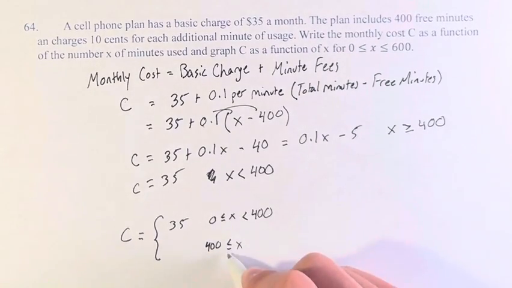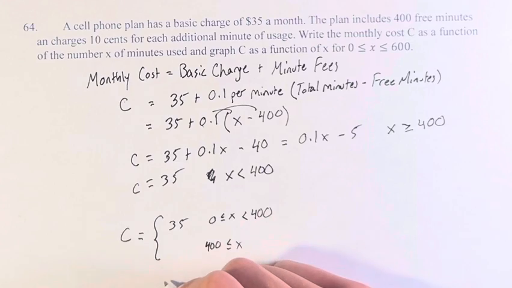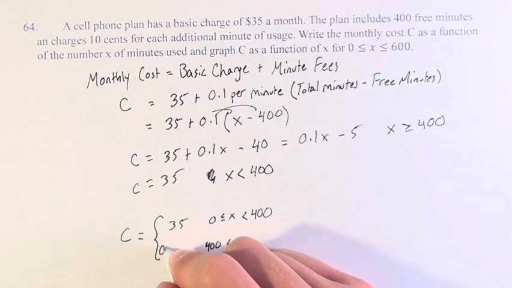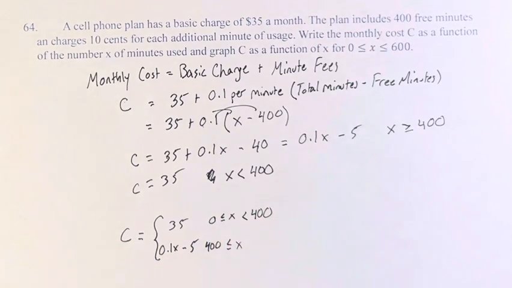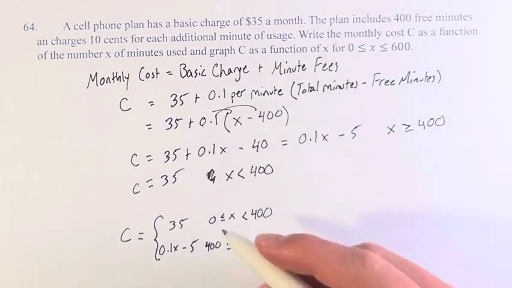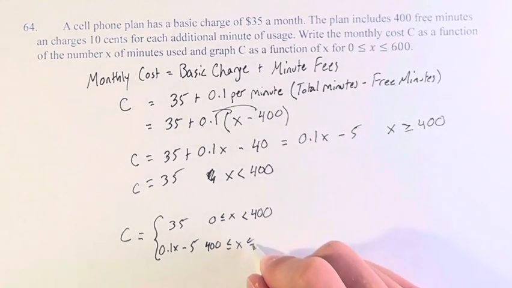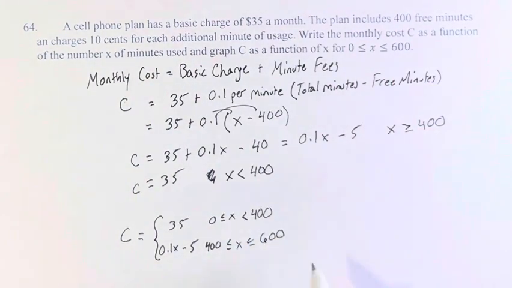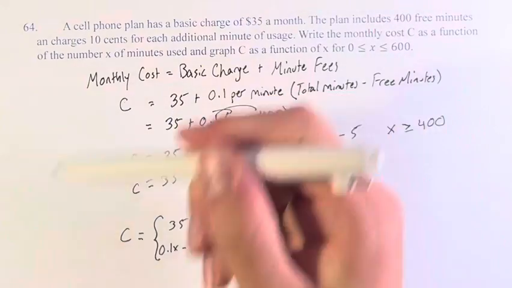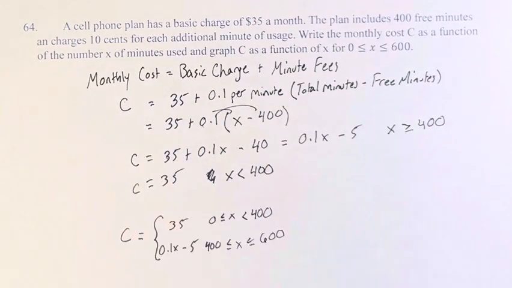We can't have this be equal and this be equal, so you just have to pick one. So this is equal to 0.1x minus 5. And this is your function. Go up to 600 because that's the domain we're looking at. This is your function c for this particular cell phone plan in terms of the minutes used from 0 minutes to 600 minutes.